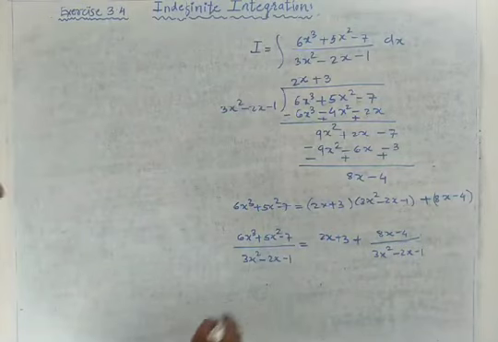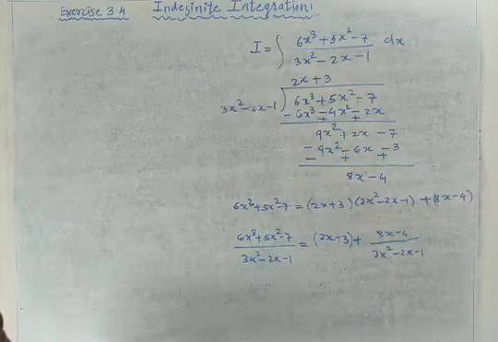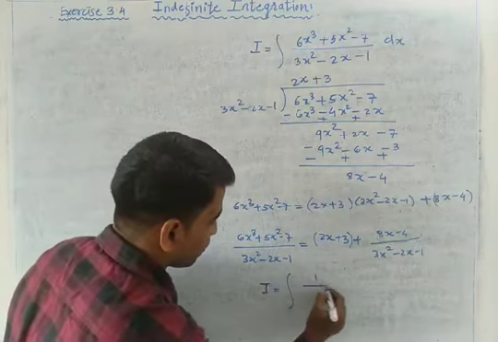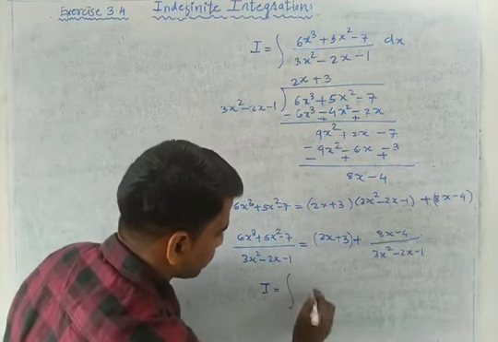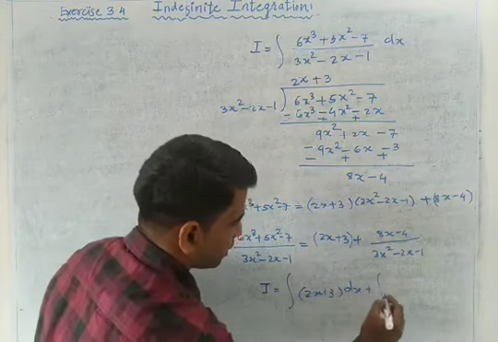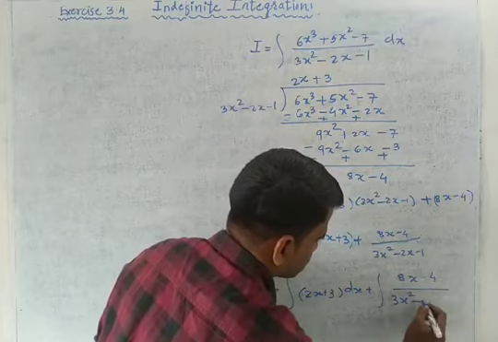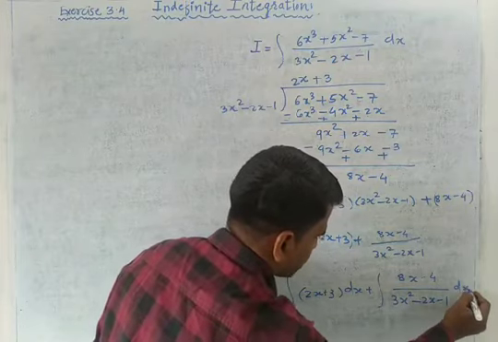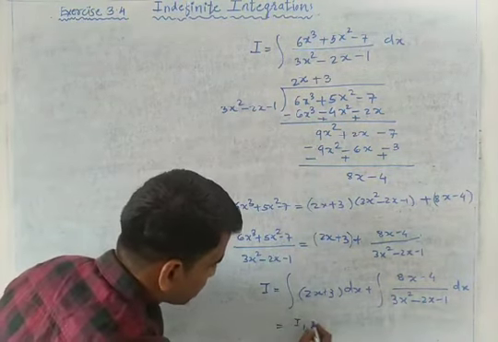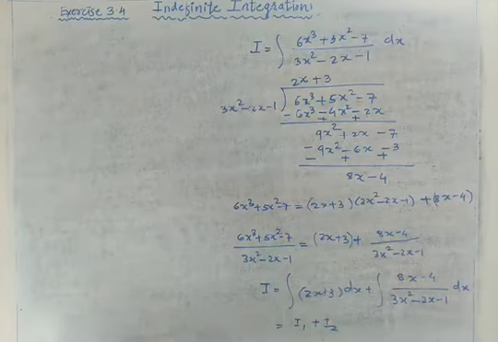So this is the substitution we will do with integration. The new integration function is I equal to integration of 2x plus 3 dx plus integration of 8x minus 4 upon 3x square minus 2x minus 1 dx. We assume this is I1 plus I2, and we will find separate values for I1 and I2.